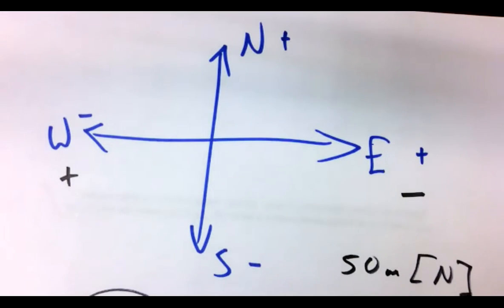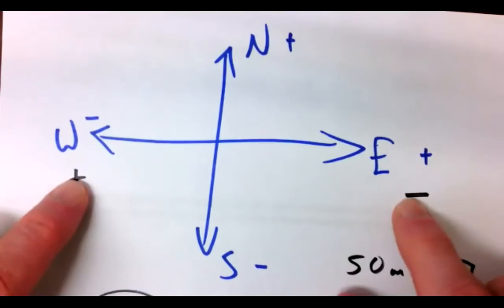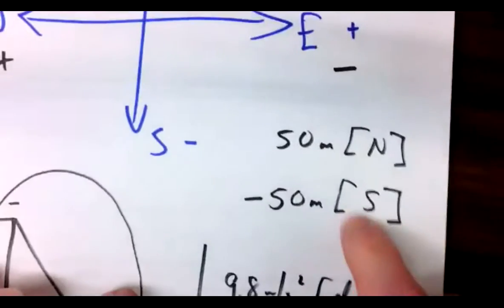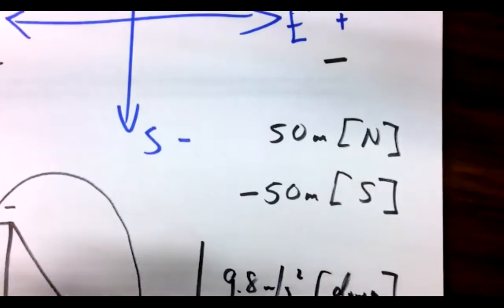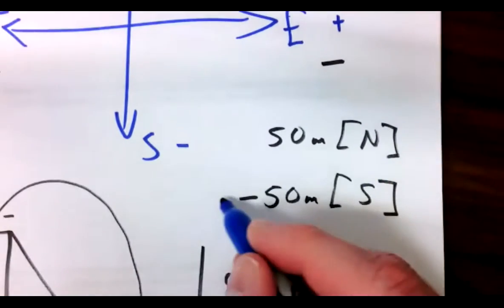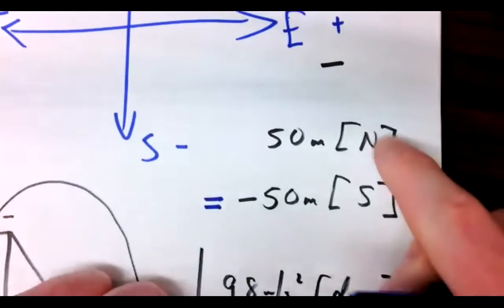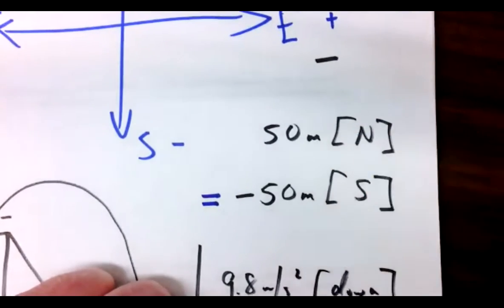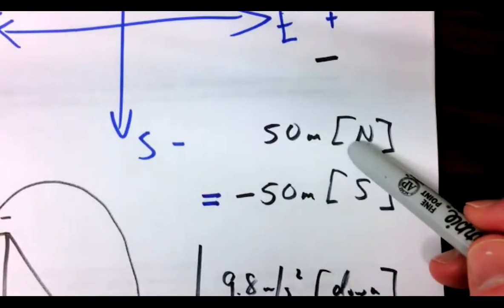Does that make sense? Whoever asked the question? Most of it, yeah. Keep asking if I'm not doing a good job. In all honesty, it's up to you, because your final answers need the direction. So 50 meters north is the exact same as negative 50 meters south. The direction is the important part. When you're doing the math, you don't punch in north into your calculator.